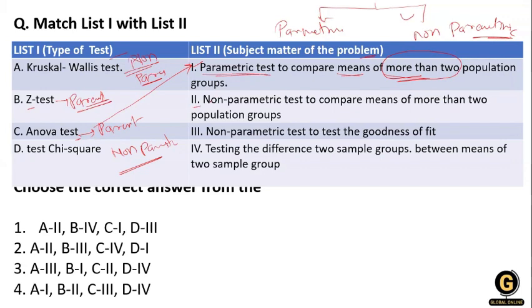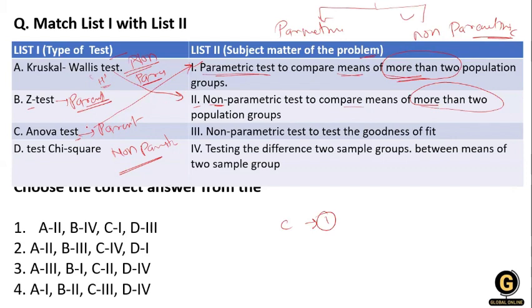Now the non-parametric test to compare the mean. How many non-parametric tests do we have in this question? The Kruskal-Wallis test and the chi-square test. In the non-parametric test we compare the mean of more than 2 populations, so it is related to the Kruskal-Wallis test, which is nothing but the H test.